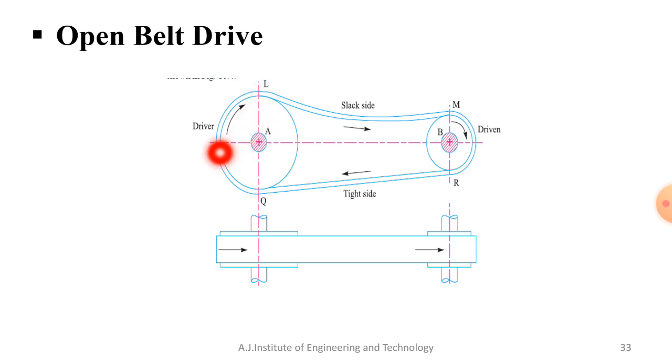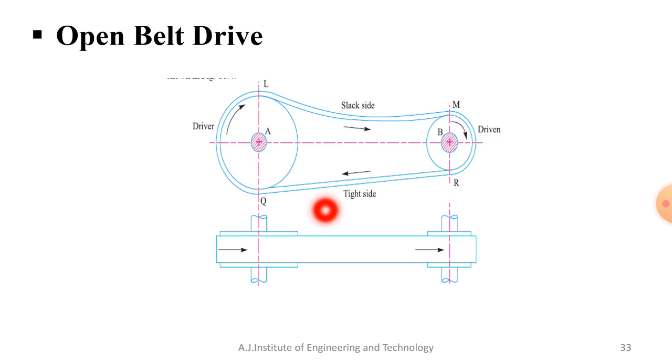It will release here, release in the sense that it will push the belt, so the tension will be less as compared with the tight side tension. So this is called slack side tension, and this is called tight side tension. These two are important tensions in the belt drive.